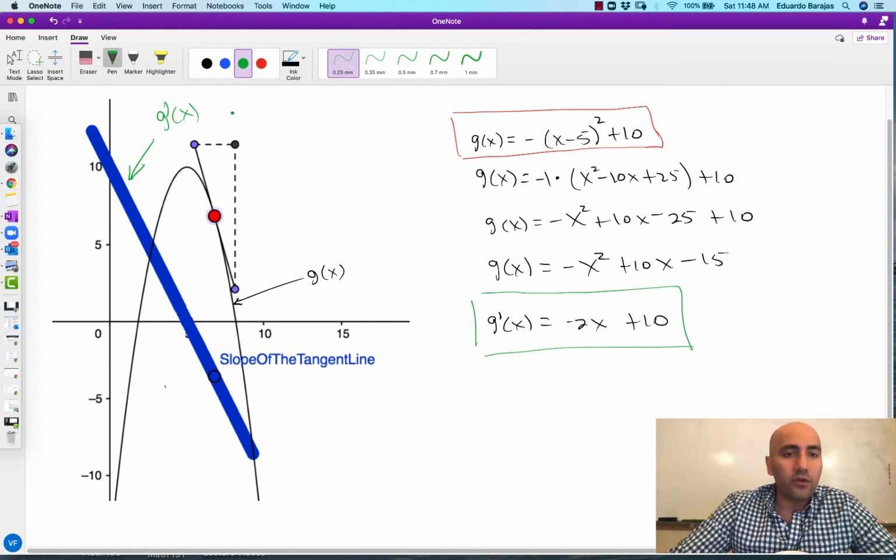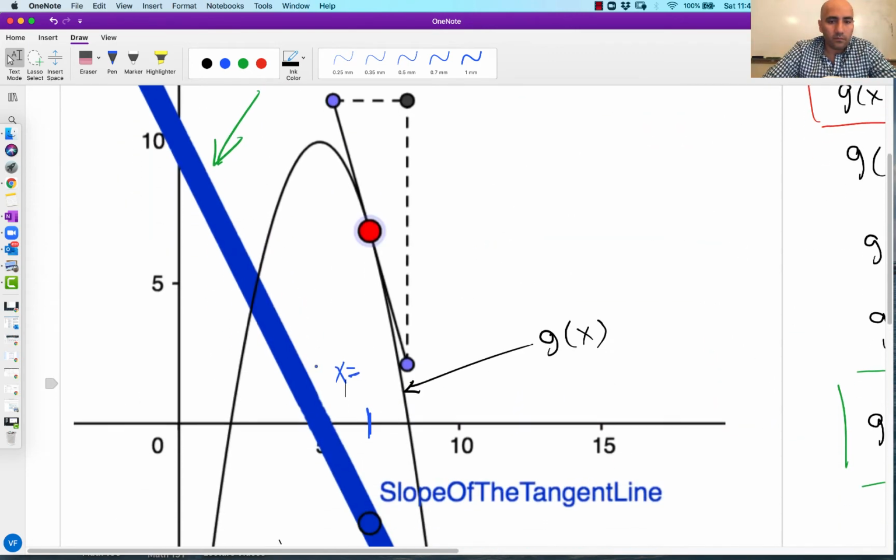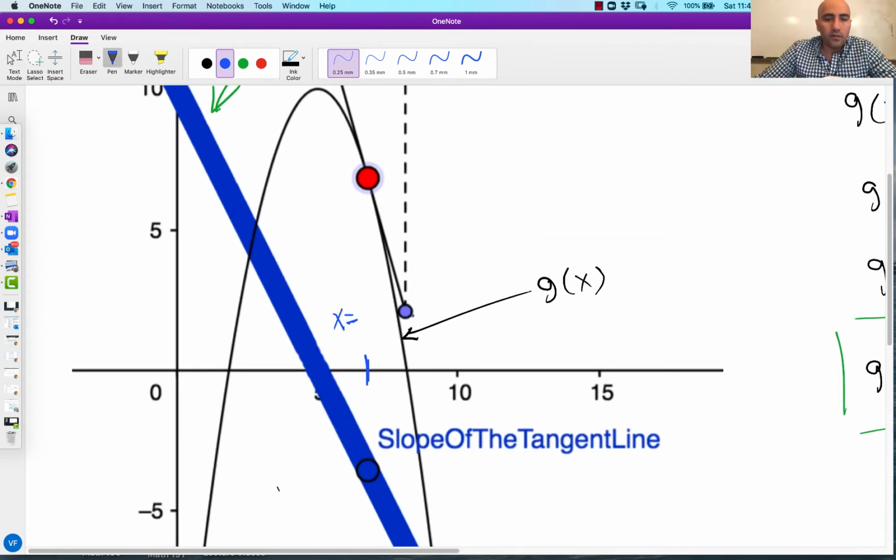So for instance, if we have some input value here, let's say x equals b at this point right there, then if we evaluate our function at this point, we'll have the point b comma g of b, whatever that is. So that'll be that point. And then we can come up with a line tangent.